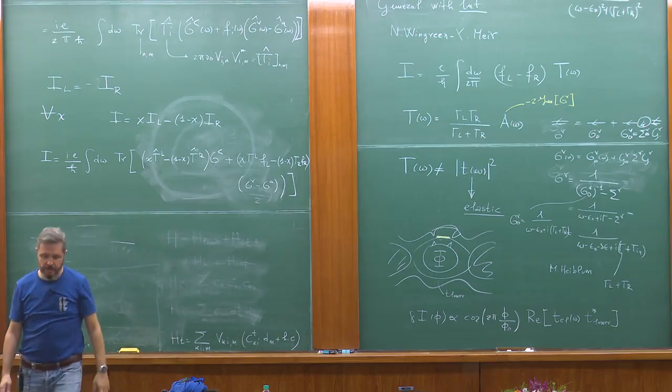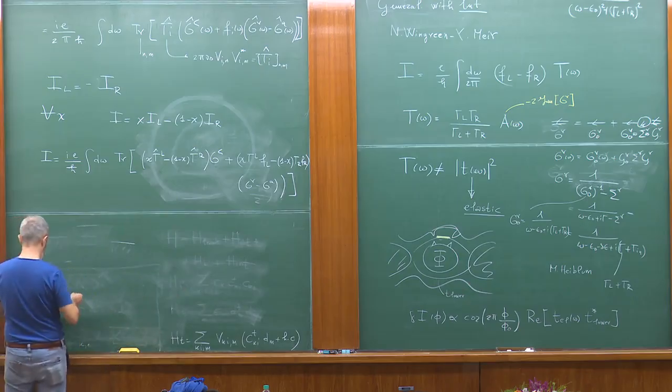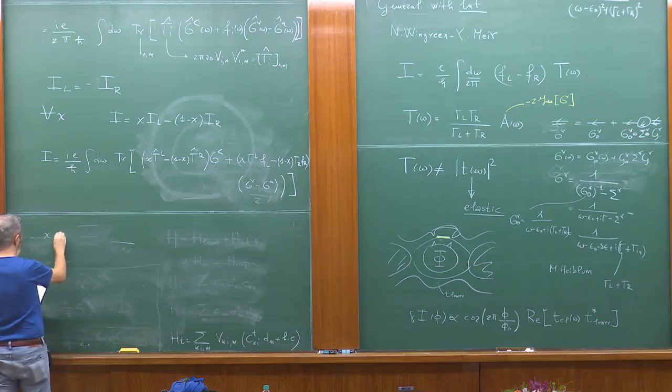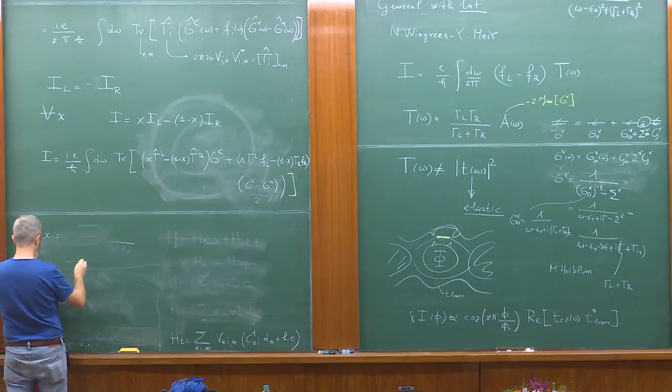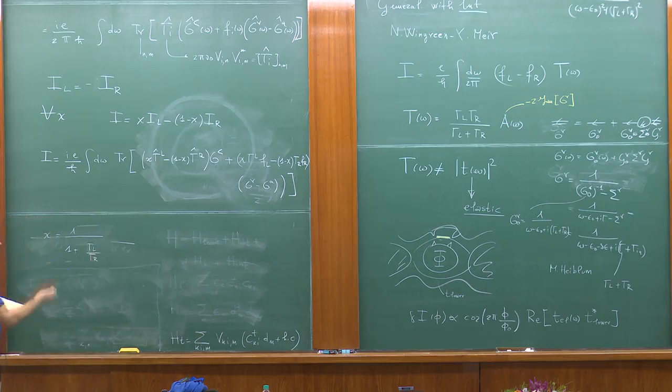In particular, I will choose x to be equal to 1 over 1 plus gamma left over gamma right. And then this term is gone.